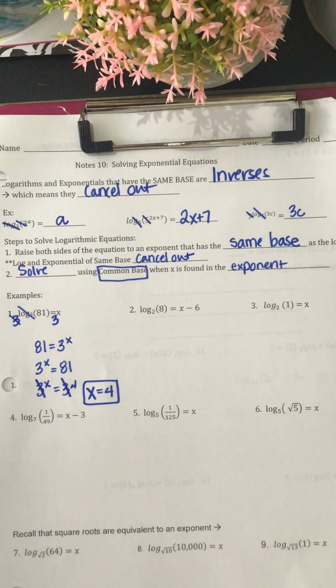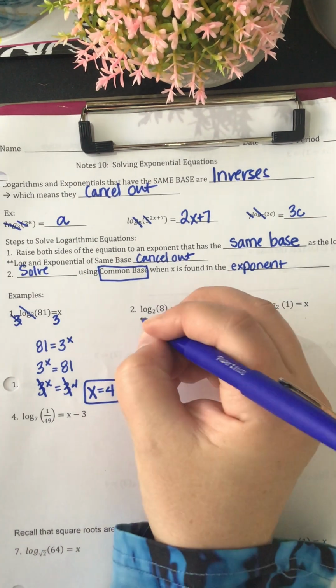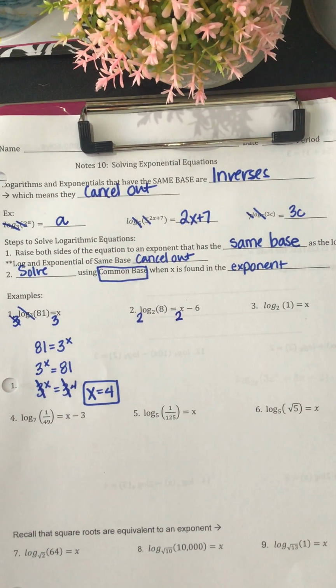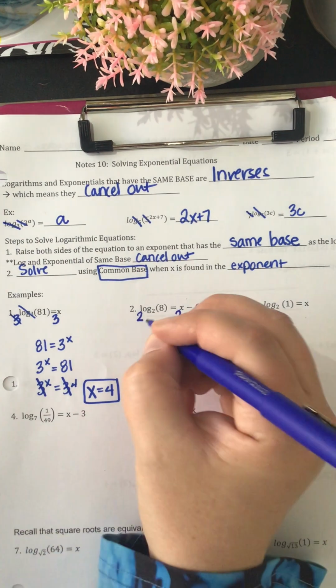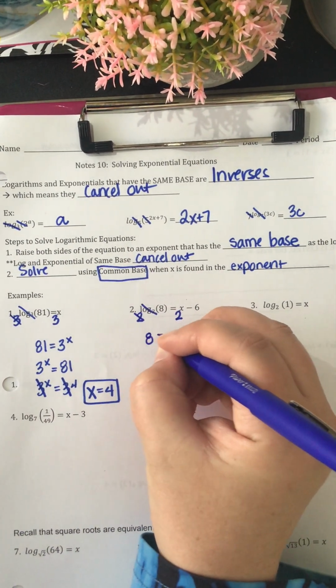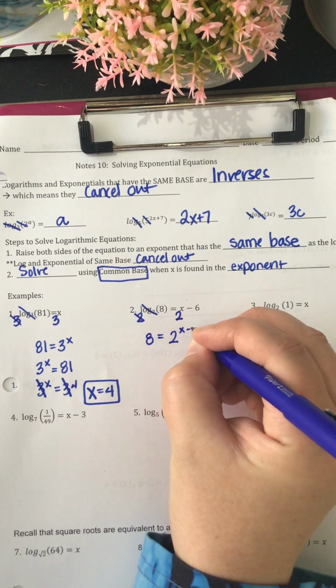Okay, now take a look at number 2. What is my little number base on my log? It's a little 2. How do I get rid of a log little 2? I use a big 2. And my little 2 and my big 2 are going to cross out. So I'm going to have 8 equals 2 to the x minus 6.